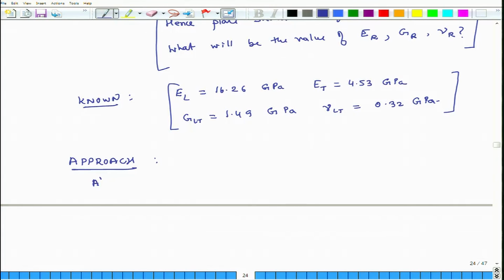A, first thing is construct a quasi isotropic laminate.